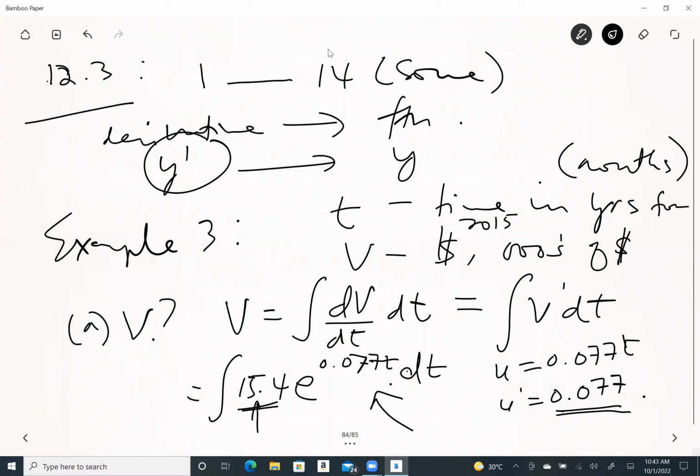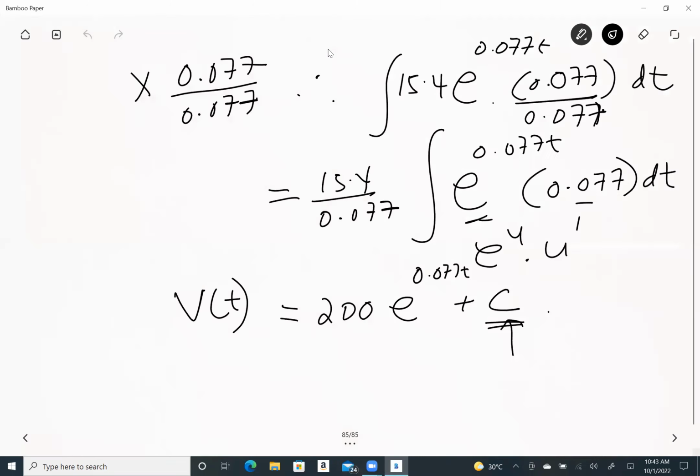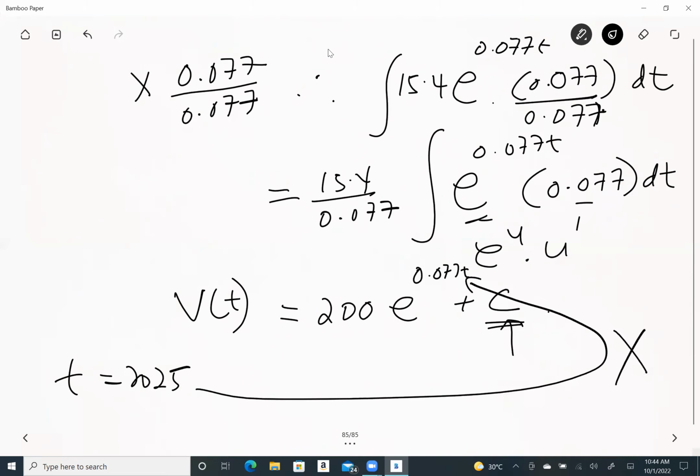When you have that, you don't put in the time inside there. Say you want to find the value of the house in 2025. You don't put 2025 as t. You don't do that. You have to do the time in units. So t equal to 0, 1, 2, and so on.